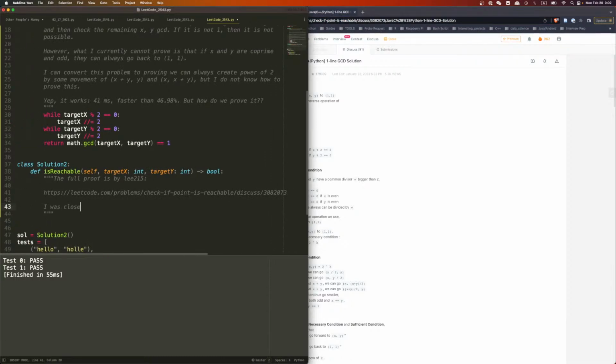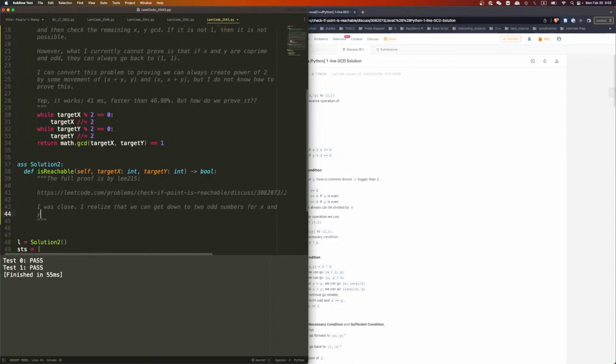So I was close. I realized that we can get down to two odd numbers for x and y that are also co-prime. Well, then I was trying to see if we can use some sort of mechanism to add x and y to reach power of 2.